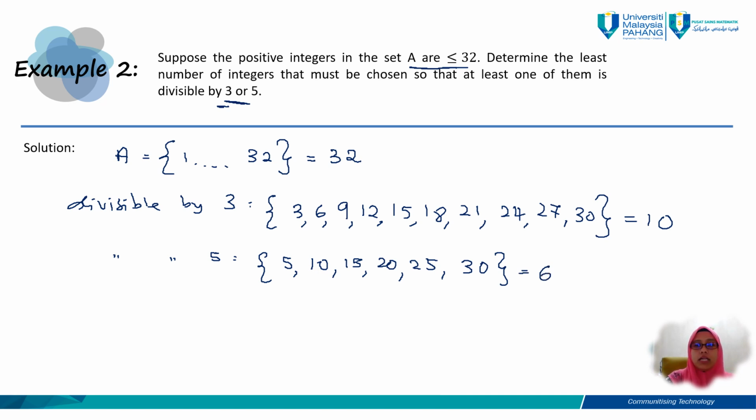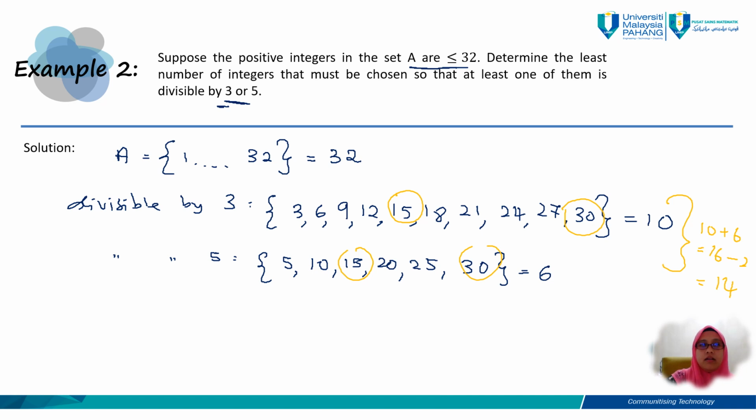But if we compare divisible by 3 and divisible by 5, there are the same numbers, that is 15 and also 30. So from the total, 10 plus 6 is equal to 16, but we must minus the same numbers, that is 2. So the total numbers that are divisible by 3 or 5 is 14.